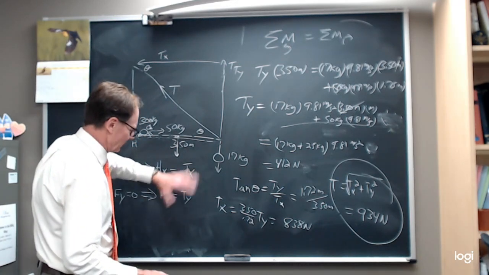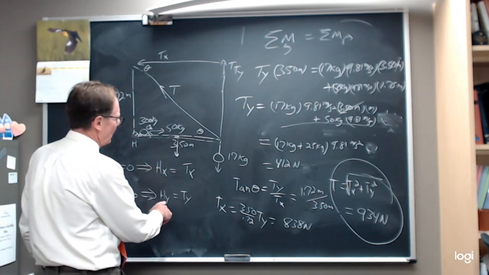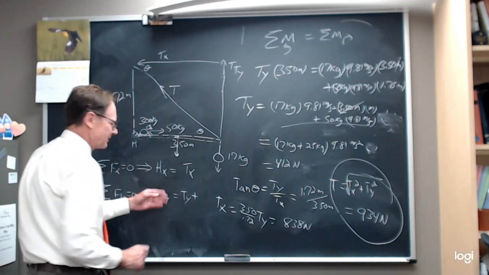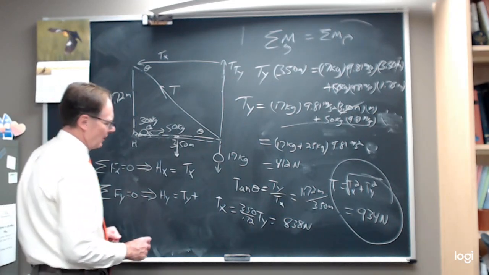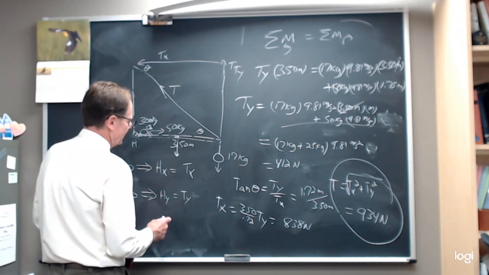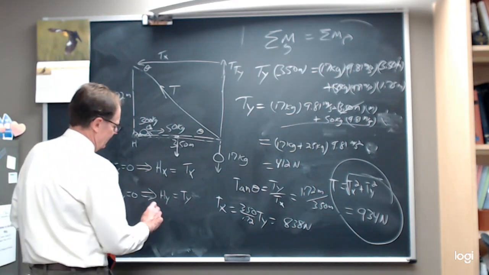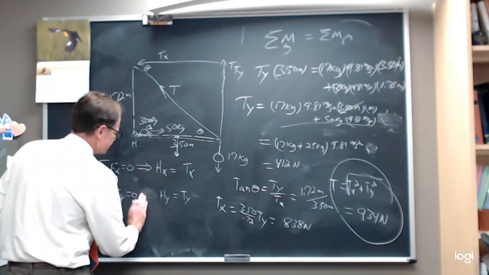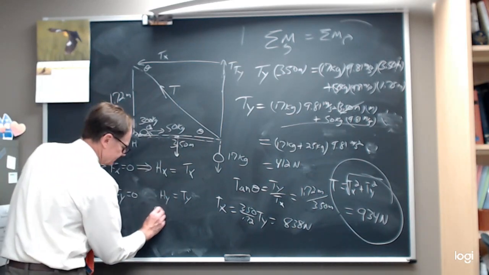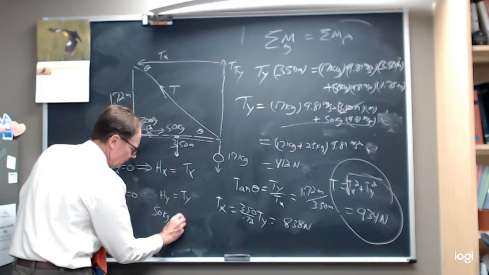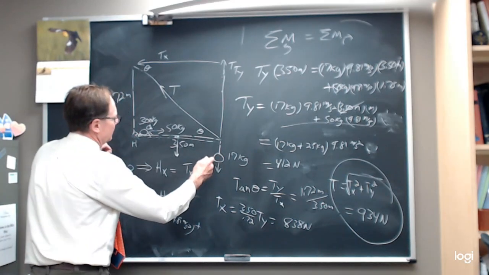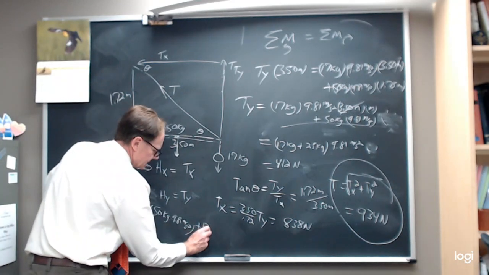H sub x is T sub x. We were going fast here because H sub y also has to be equal to, depends on what direction, we don't know what direction H sub y is, but let's assume that H sub y is down, and then H sub y would have to be equal to, H sub y is also in the same direction as the 50 kilograms times 9.81 meters per second squared plus 17 kilograms times 9.8.